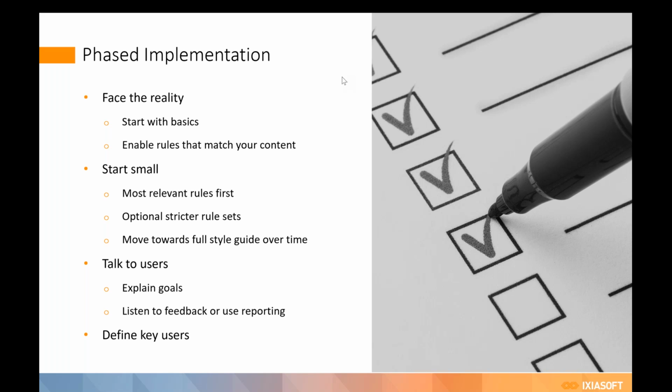If you're keen enough, you will be able to circumvent every one of the writing assistance systems on the market, and that should not happen. People should work together with the system. They should be happy to get feedback from the system, and typically they are happy if it helps them. And if it does not help them, they will say that, but for this you have to listen to the feedback. A good approach is to define key users.